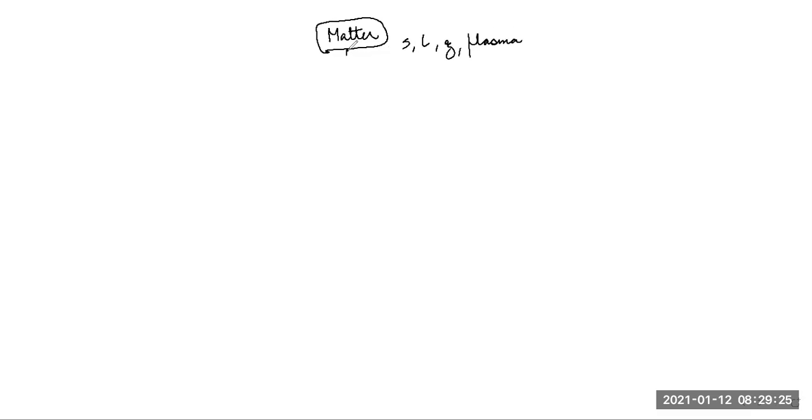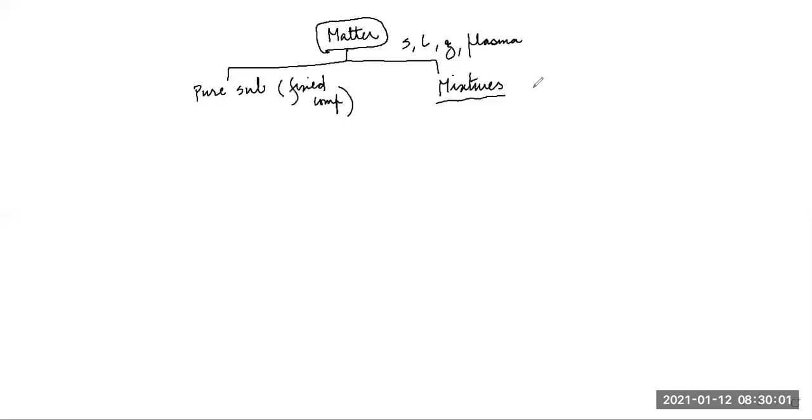But if we see the matter, especially in chemistry, in the eyes of whether it is pure or not, we will classify the matter into two categories: pure substance having fixed composition, and the second category we call mixtures. In this, there is no fixed composition, students.